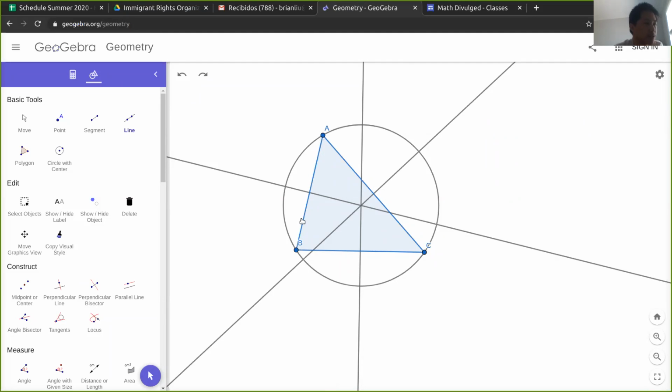And so the thing is, we assumed that there was a center. We assumed that A, B, C form a circle.